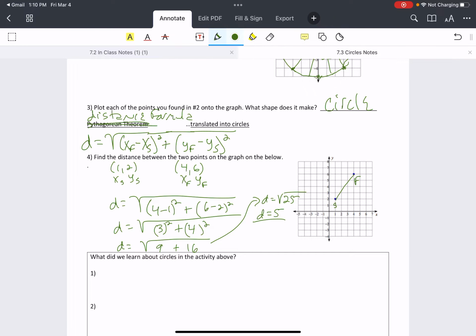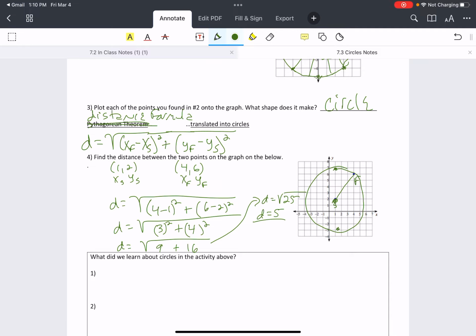But this time when I'm dealing with circles, let's say I wanted to find all the points on this graph that were 5 around this center point here, okay? My starting point is going to be the same for every point on this circle. The center.